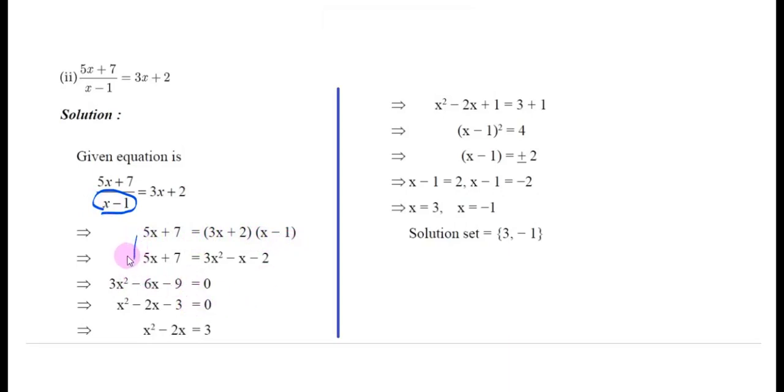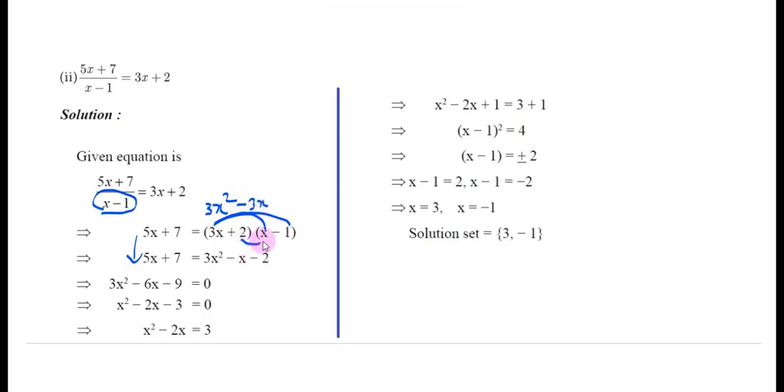So write the left side as it is. 5x plus 7 equal to, multiply 3x with x, so 3x square. I write at the top, then you may understand easily. So 3x square, and 3x with minus 1, so minus 3x.